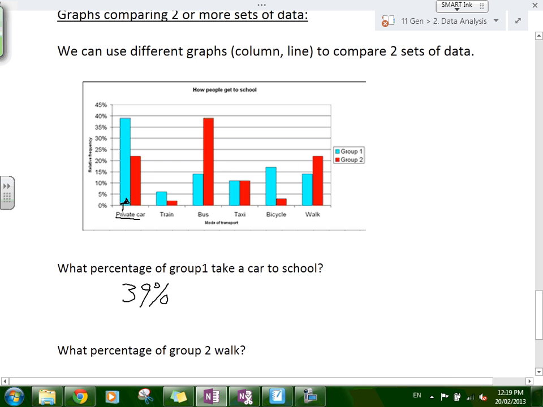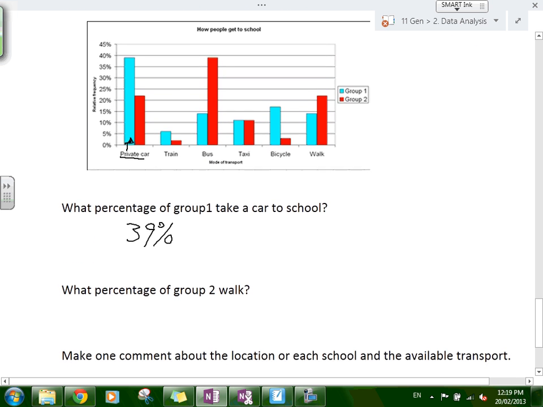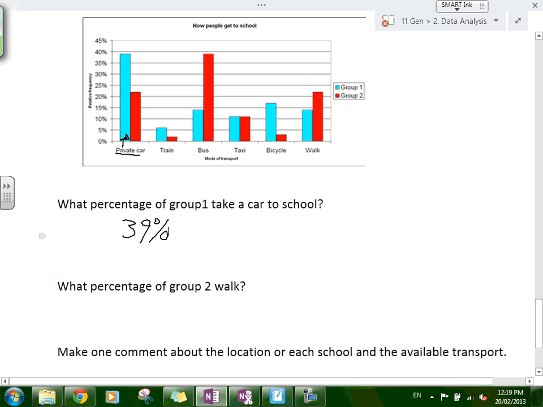Okay, so 39% of group 1 goes in a car. What percentage of group 2 walk? 22%. So again, we're looking at the walking, and we're looking up at this column here, so we say about 22%.